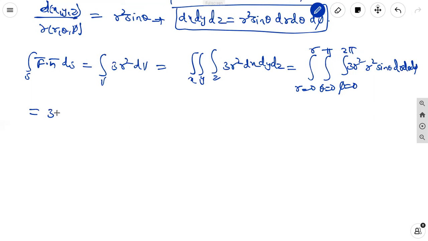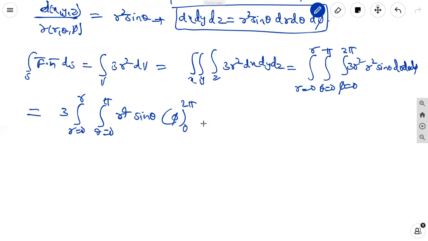It is equal to 3 r square into r square, r to the power of 4, r equal to 0 to r, theta limits from 0 to pi. Sorry, here we can't write outside, only 3 we can write outside. It's r power 4 into sine theta, dr d theta, but integral of 1 d phi is phi, limits from 0 to 2 pi.